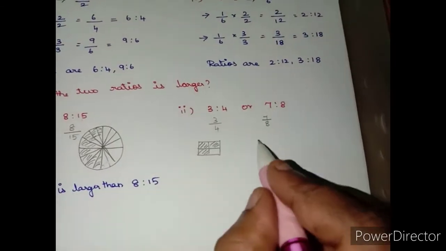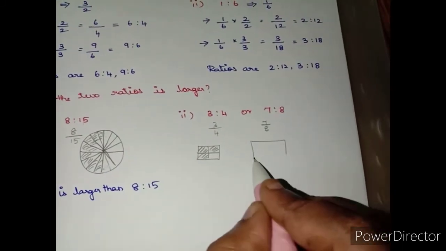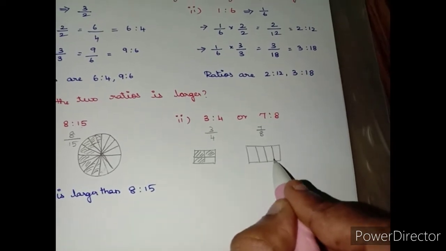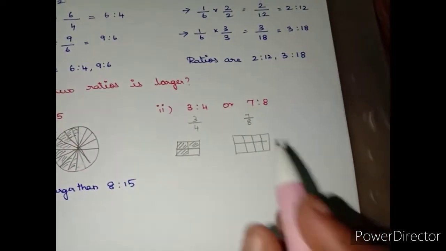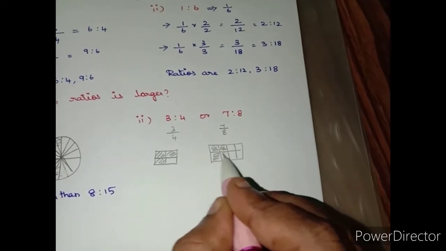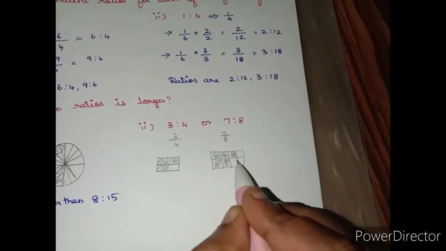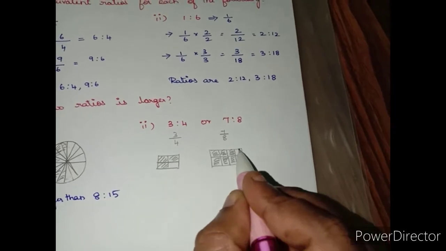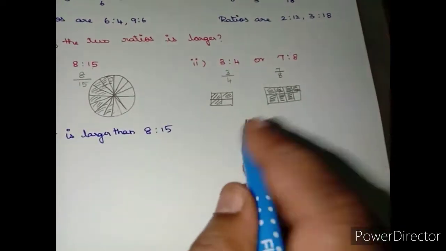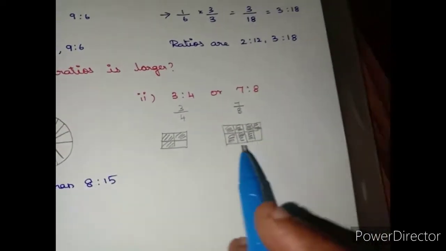Next one, same square, 8 parts, 7 shaded. Compare this.